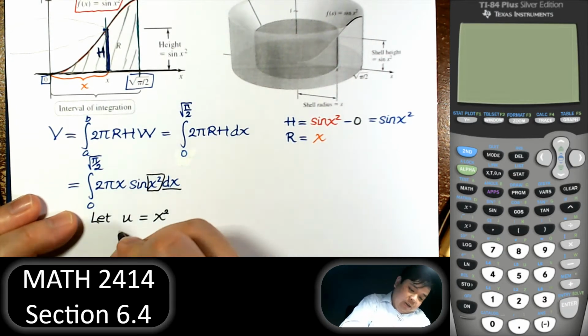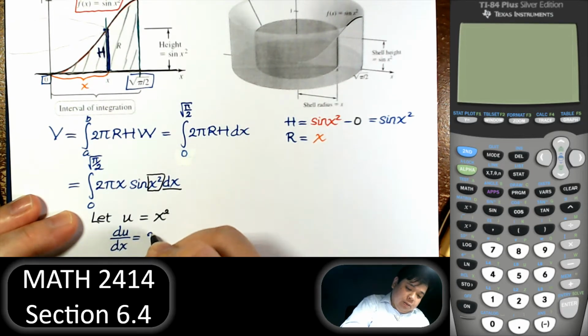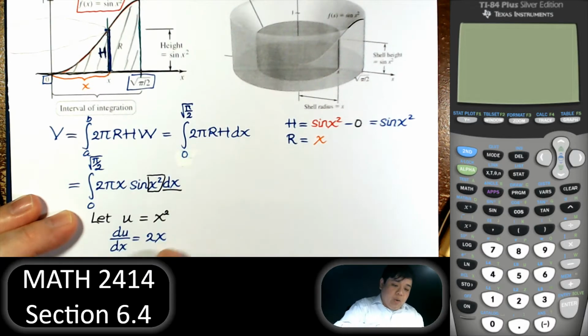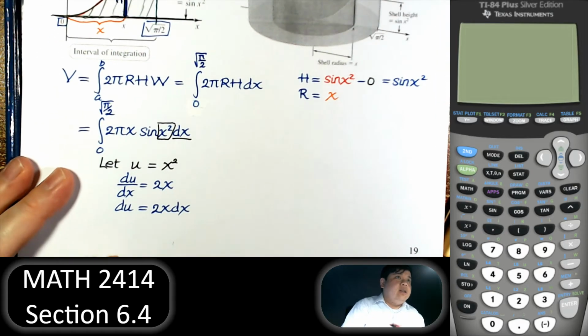So we take the derivative. Move the dx over, and then divide by 2x.